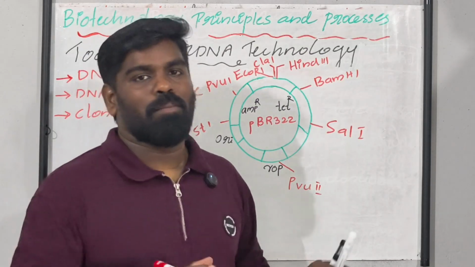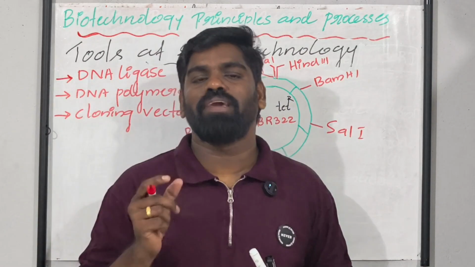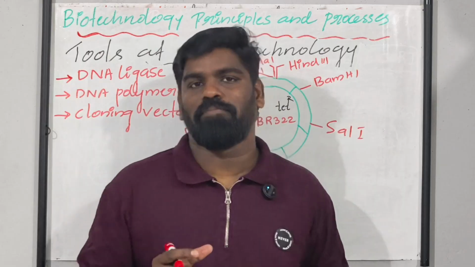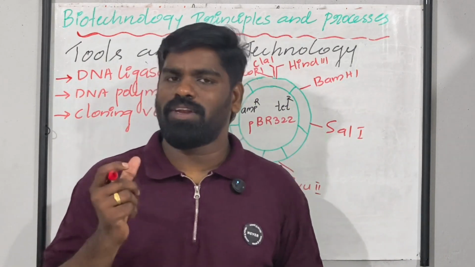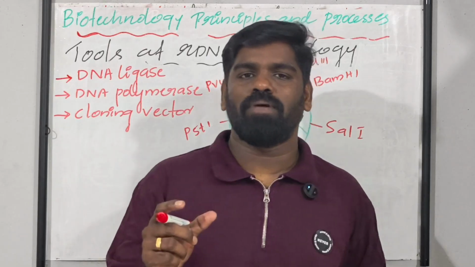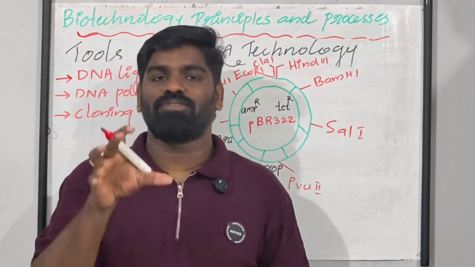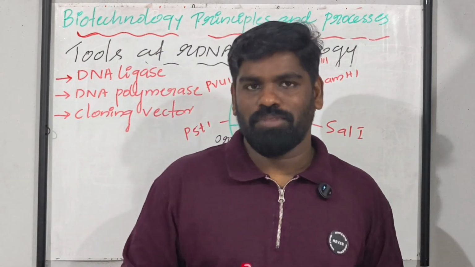So p is the plasmid, BR is Bolivar Rodriguez, and 322 is the number under which this plasmid was isolated in the laboratory. That is the order.